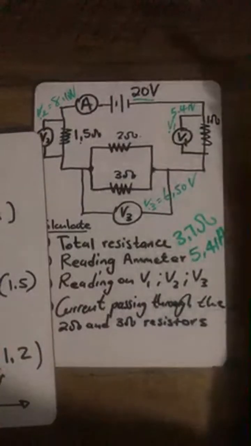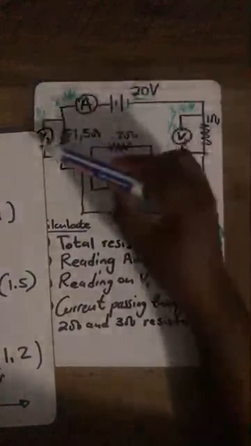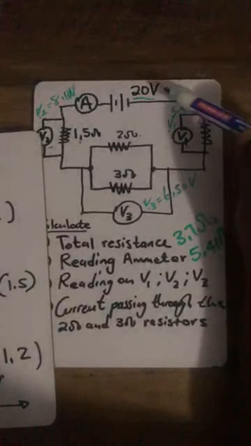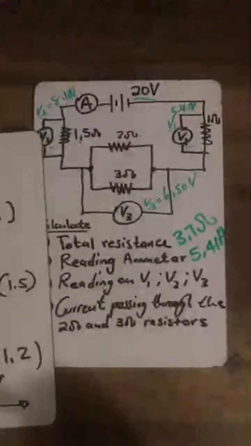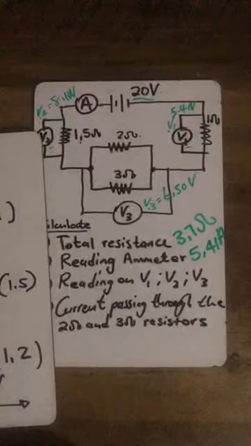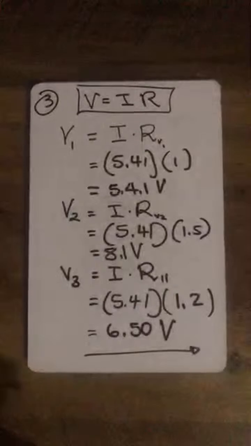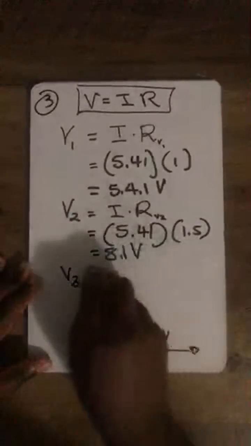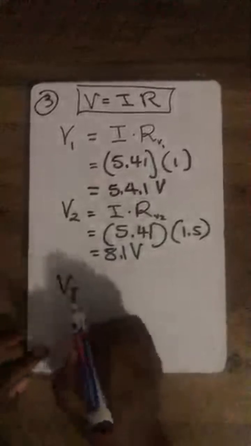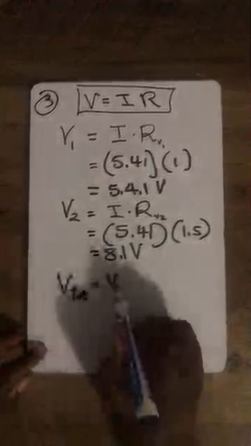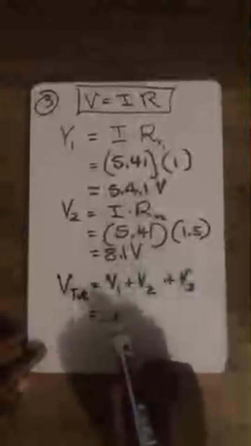Someone could also say that after calculating V1 and V2, the total V minus those two V's will give you the remaining V. That's another way of doing it, if you want to do the shortcut way. So that means you could say V total must be equal to V1 plus V2 plus V3.